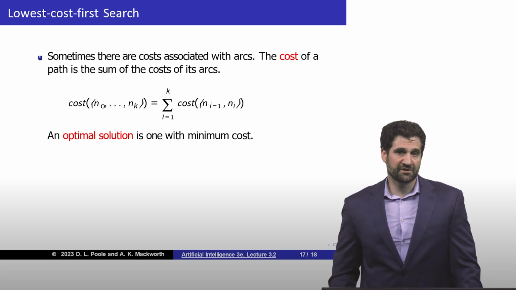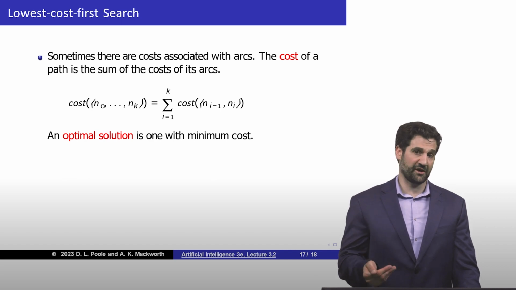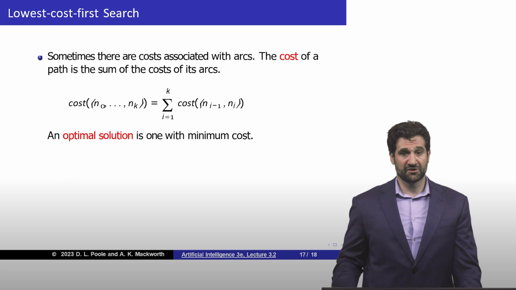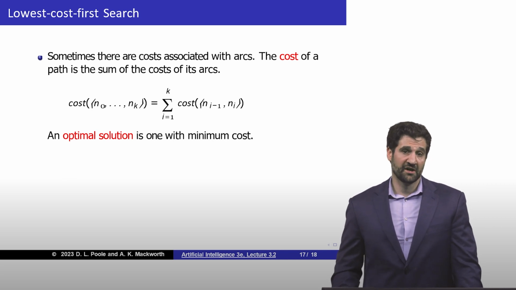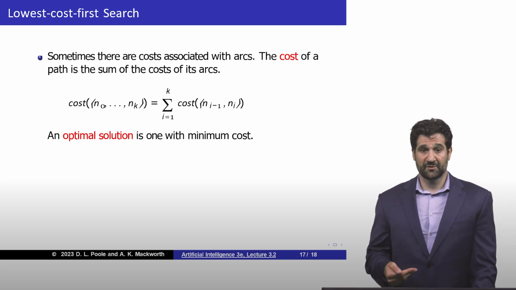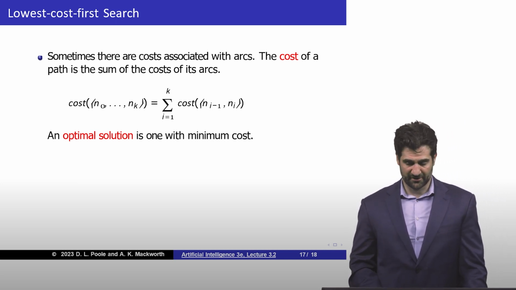So lowest-cost-first search is a generalization of breadth-first search, where now we have a cost value associated with each arc, as opposed to treating each arc as the same cost. So an optimal solution is just one where this number is the lowest.